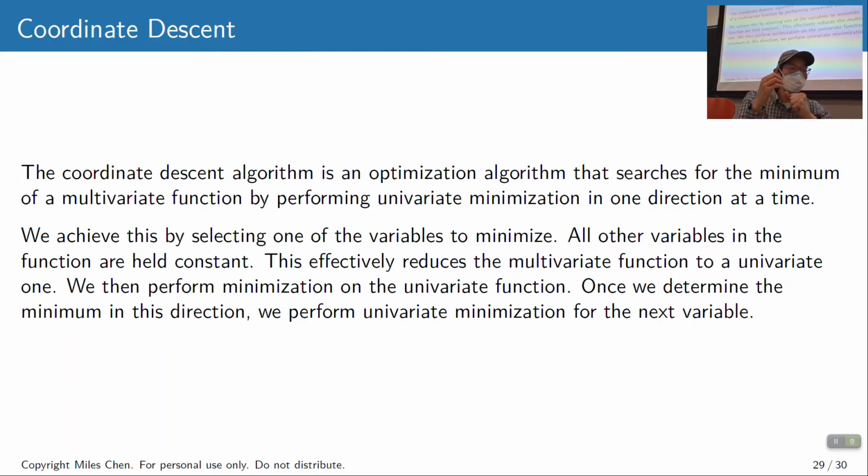Once I do that, I repeat the process. I hold y constant, find the x that minimizes the function, then hold x constant, find the y that minimizes the function, and so on and so forth.